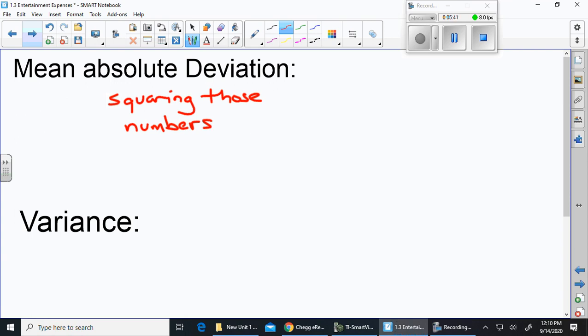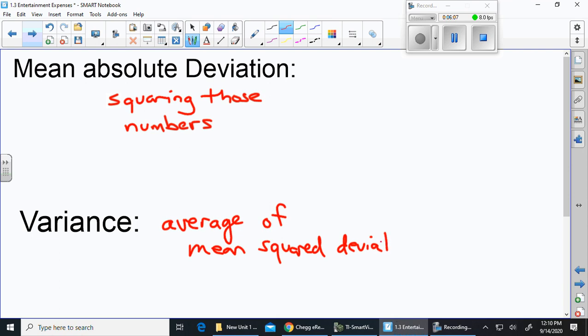It's either 5 to the right or 5 to the left. It's still 5 away. So if we square those, then we have all positives. And your variance was your average of the mean squared deviations, which I'm going to give you steps to find.